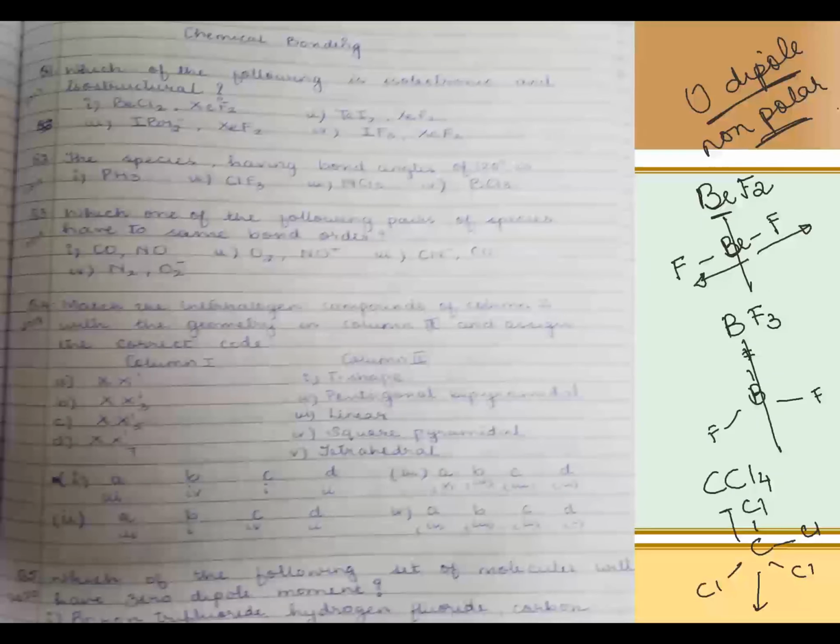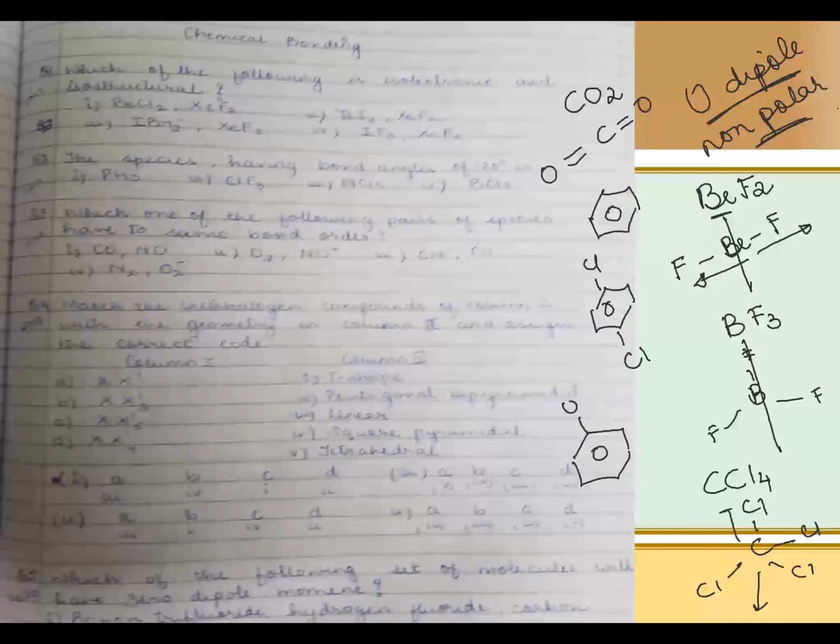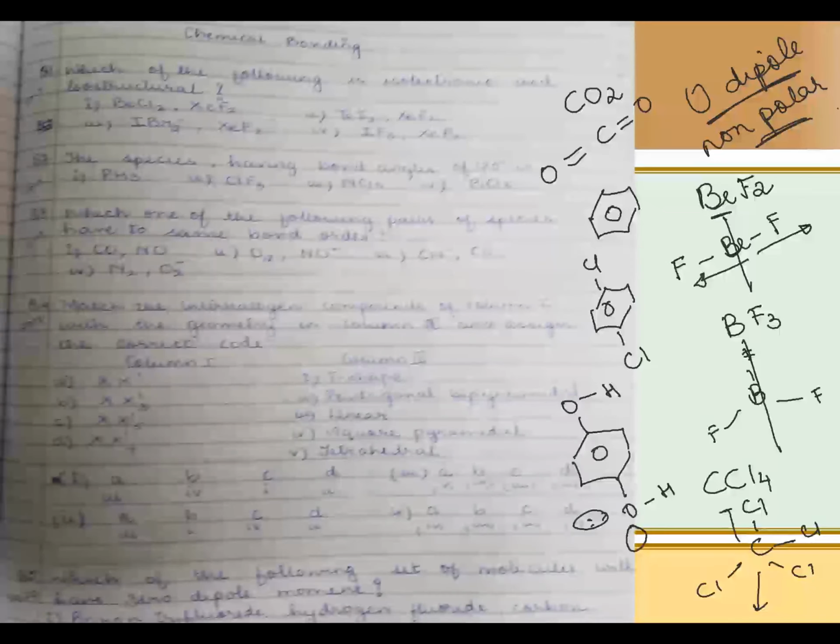Then CO2. CO2 is a linear molecule where dipole moments get cancelled out. Benzene and all you know is perfectly symmetrical. It has zero dipole moment. If I write at para position some groups, then once again its dipole moment is cancelled out. It became 0. But you have to be careful. If on para position you write some atom attached to another atom like OH, quinol, then this once again has a lone pair.